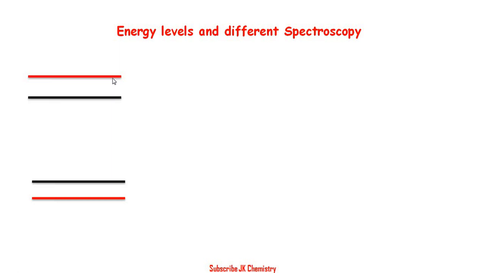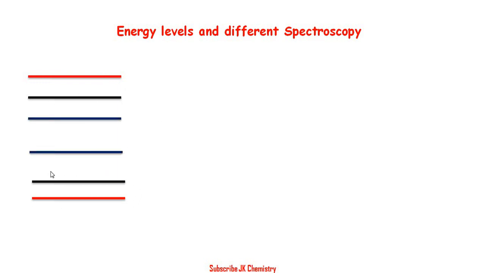Within these two electronic energy levels, we can see a lower energy gap having another type of energy called vibrational energy. So this is the lower vibrational energy. This is the first excited vibrational energy within the first electronic energy level.